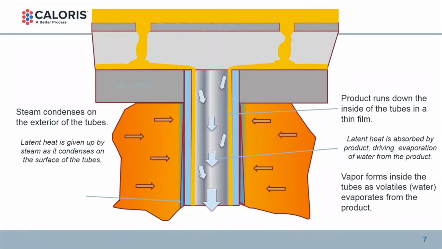You have steam introduced into the outside of the tube, and that steam condenses, liberating that 539 kilocalories of energy for each kilogram of steam that enters in, transferring that energy into the liquid on the inside. It's already at boiling temperature, so that energy is used to release or evaporate water content from the product as it's flowing down the inside of the tube. Very effective way of transferring energy to the product in order to liberate the water content.